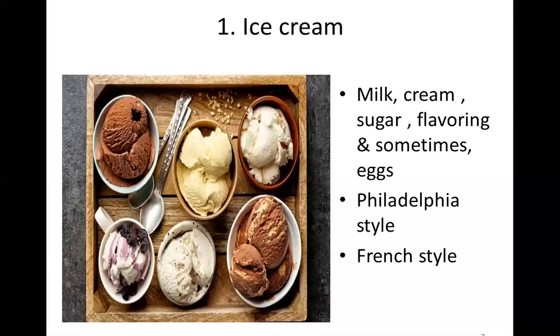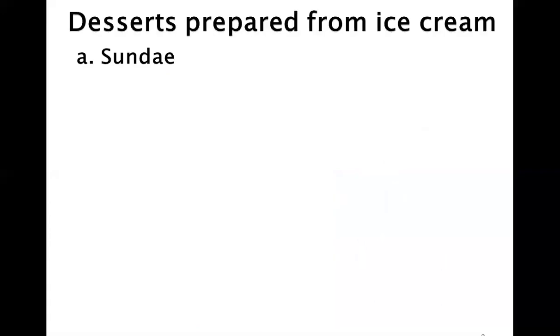So whatever you get in the market is not necessarily ice cream. Technically, to call it ice cream, the dairy component is a must. From the basic ice cream, various desserts can also be prepared.